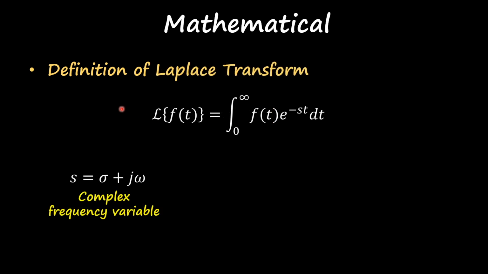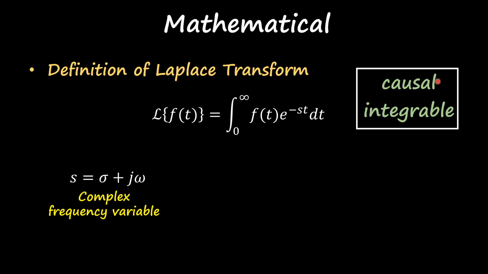So going back to our definition of Laplace, we have that s, which is our complex frequency variable, and we know that our signal, our f of t, needs to be causal and integrable. If that is satisfied, that means that this integration is going to converge when the real part of your complex frequency variable is equal to 0.